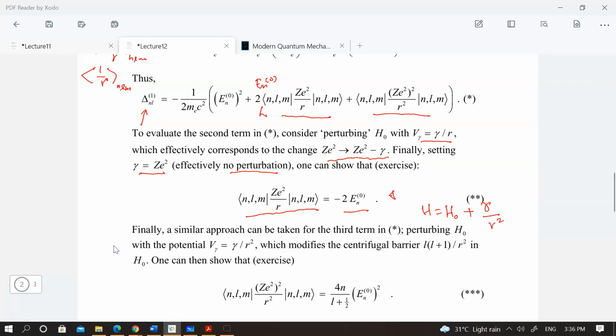So here this is really acting like a potential that you need to calculate. But you also know that in the case of H naught, you have done solutions to the hydrogen atom, there is a term coming from the angular momentum operator, in this form, and this is called the centrifugal barrier.